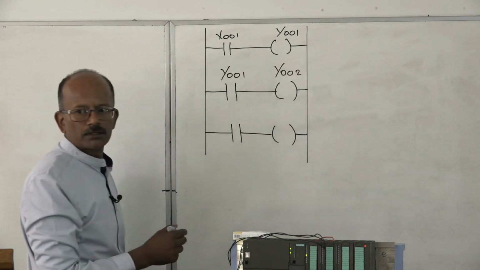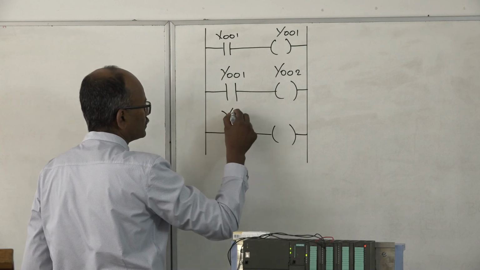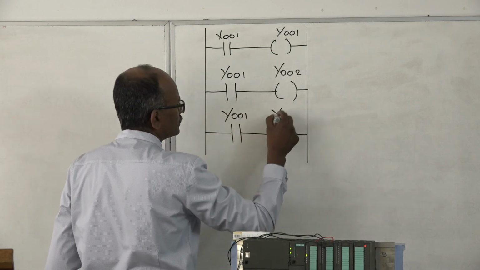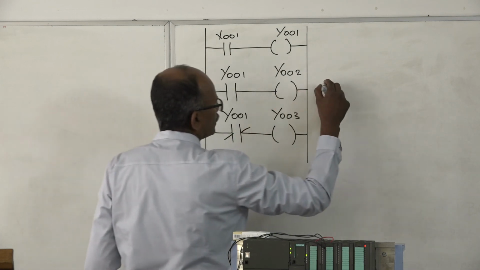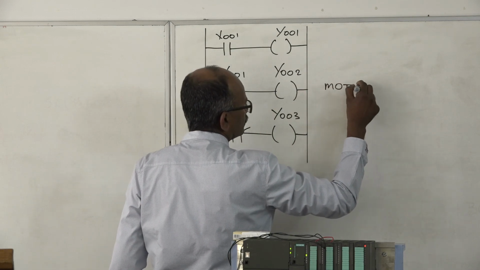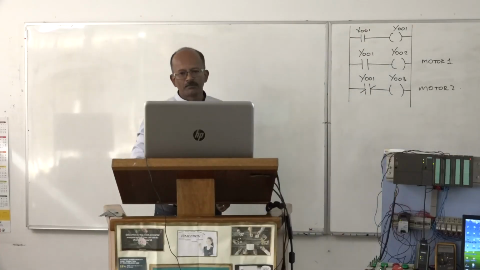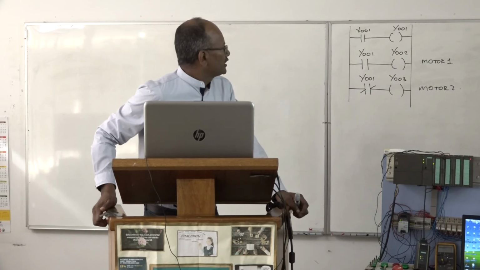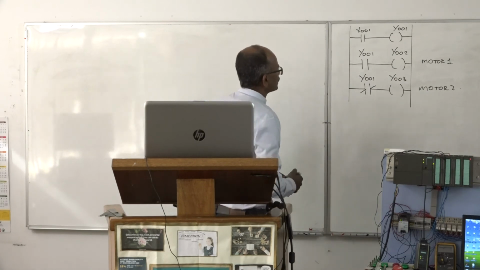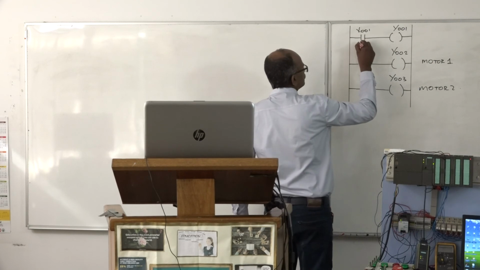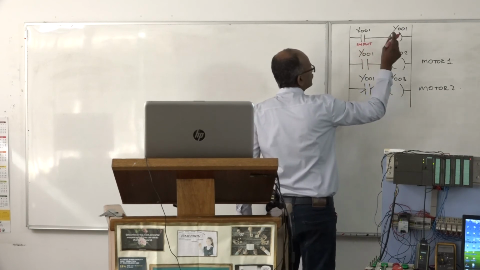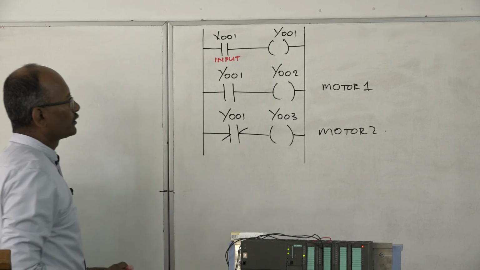Okay, so that is the diagram. I've just redrawn it on the board so I can explain it to you. I've got 3 lines of programming. Remember, I've got an input, and I've got 3 output contactor coils.